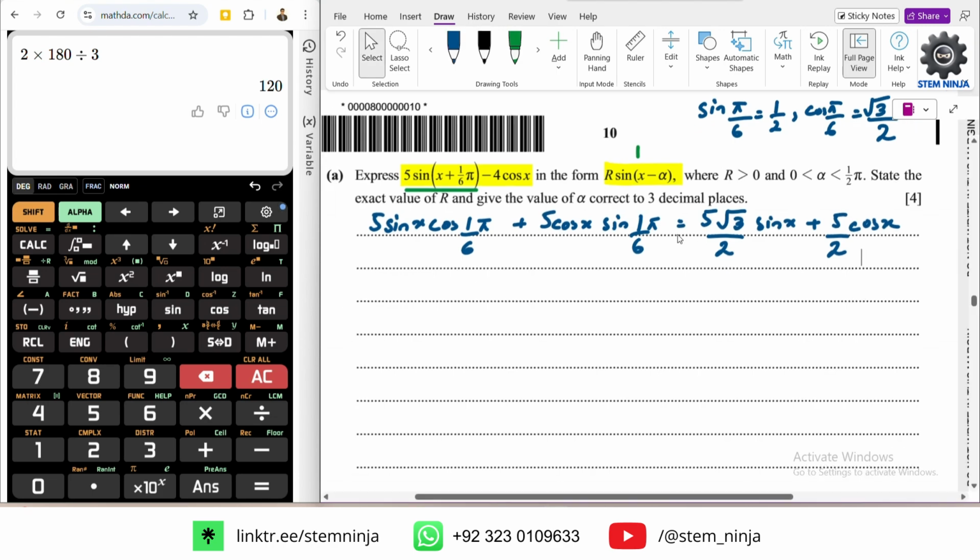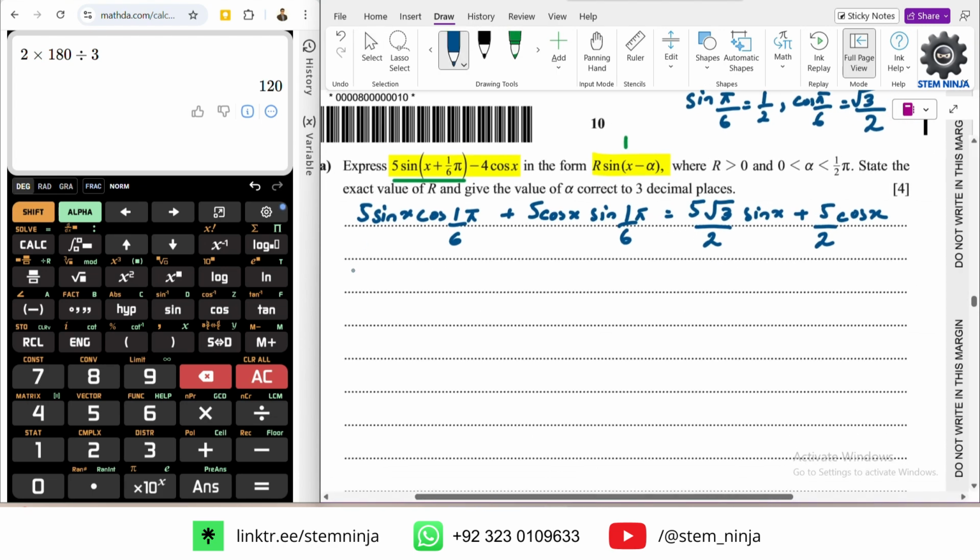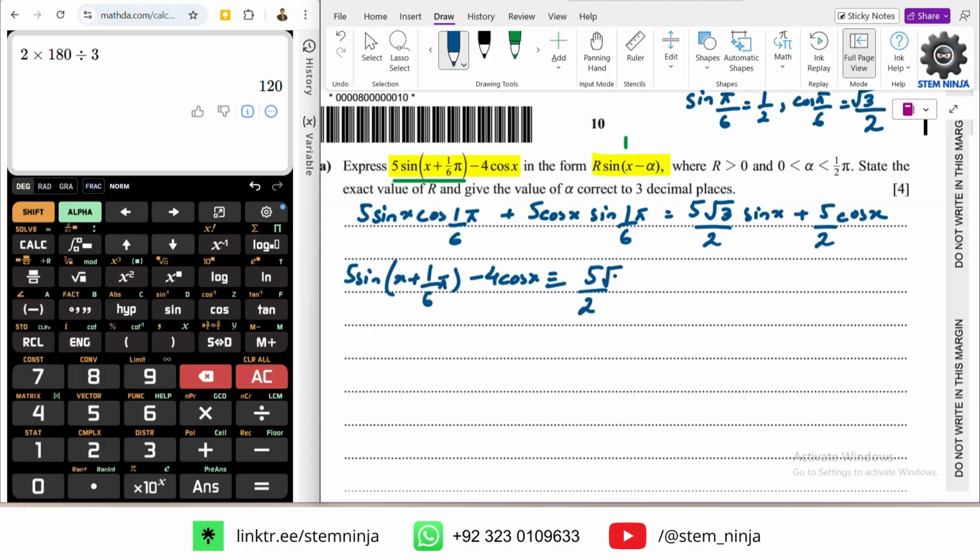Now when we add the minus 4x into that, so 5 sine x plus 1 over 6 pi minus 4 cos of x, this becomes 5 over 2 root 3 sine of x plus 5 over 2 cos of x minus 4 cos of x.